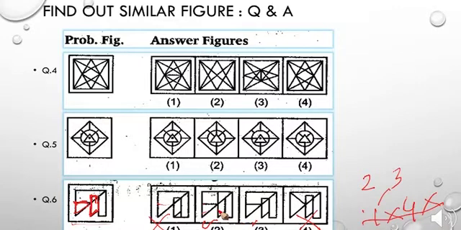In option 2, this shape is not exactly the same, because it should be this way. This line is missing, so this is not the same shape, so we reject option 2. When we reject option 2, what we are left with is option 3 only, and that is going to be our answer.